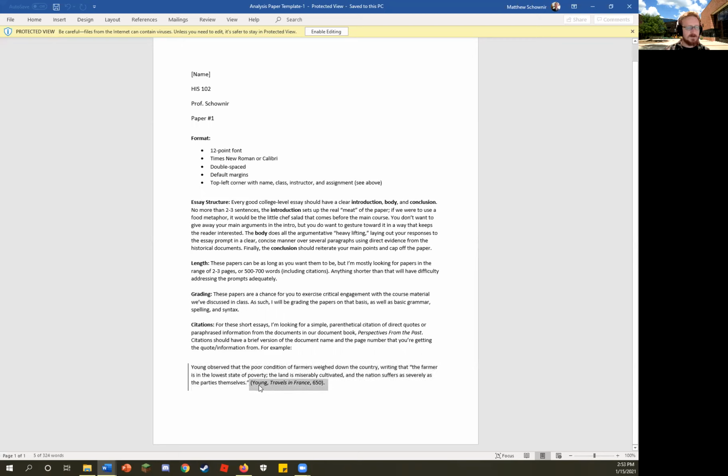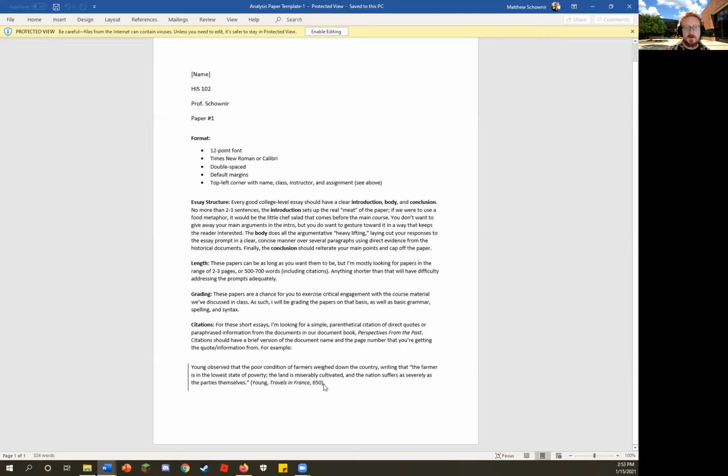Okay. Last name of the author, or if there is no author name, which sometimes happens, just put the document title. It can be a shortened version of the document title if it's a really long title. So Young, Travels in France, 650, which is the page that you find this particular quote on in your Perspectives from the Past book.